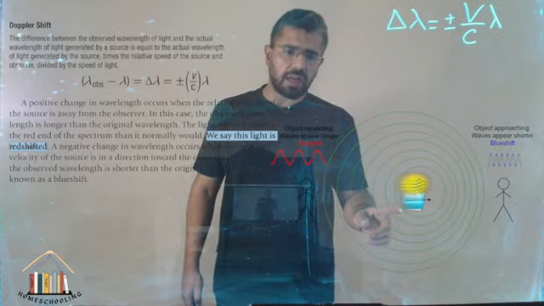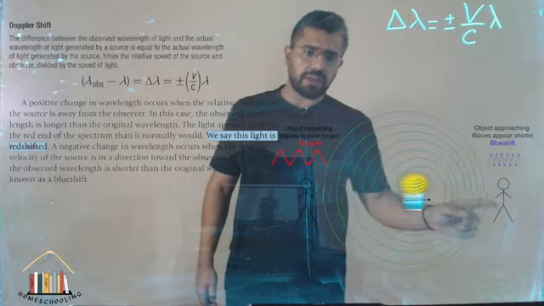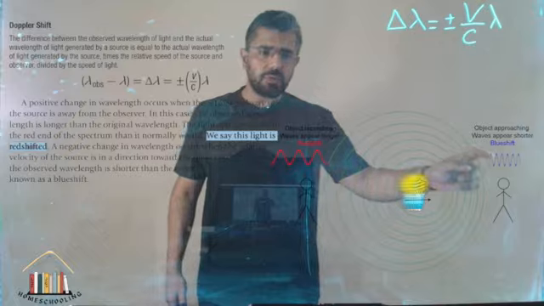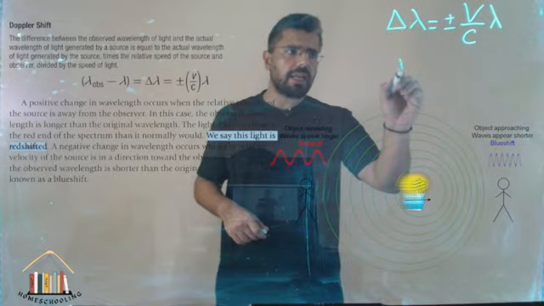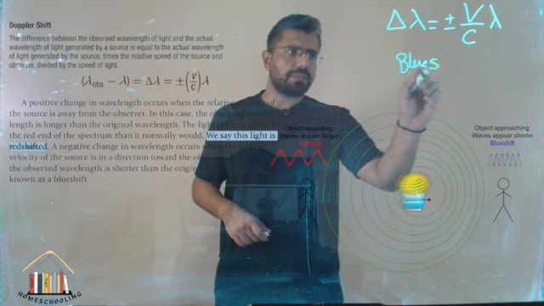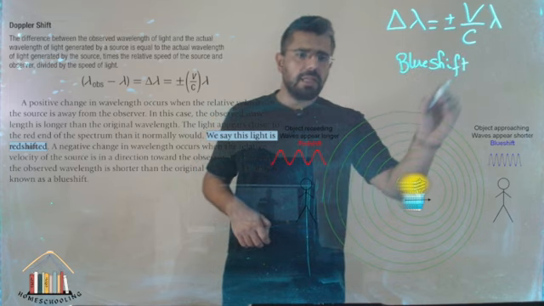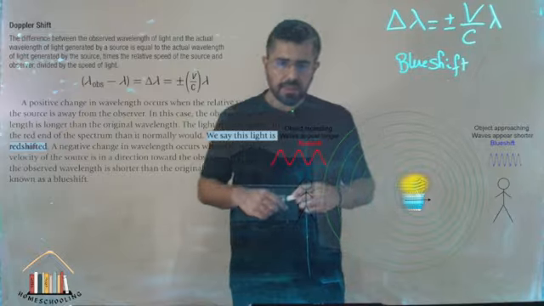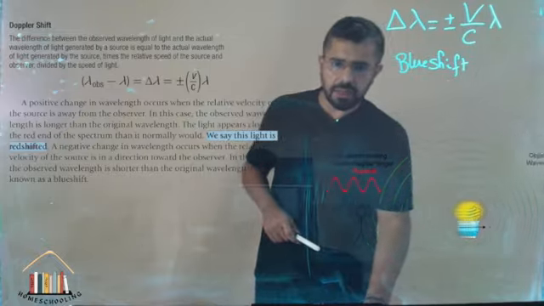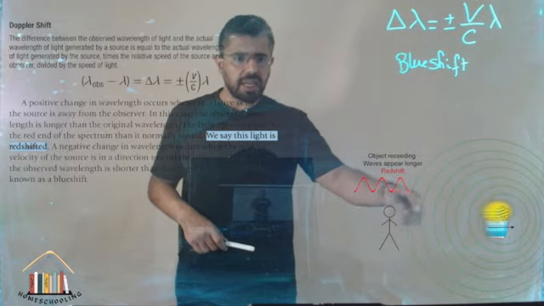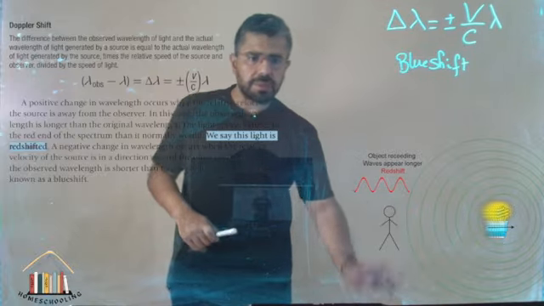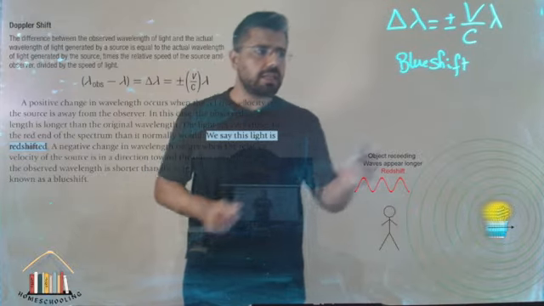If the source of light comes very fast towards me, I see what we call blue shift. In contrast, if the light is going away from this person here, he will experience something called red shift.